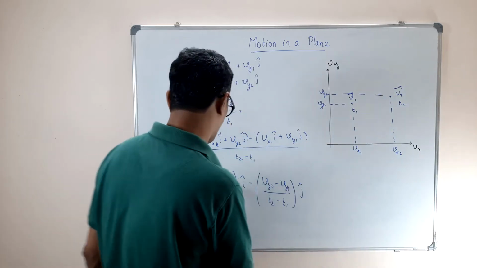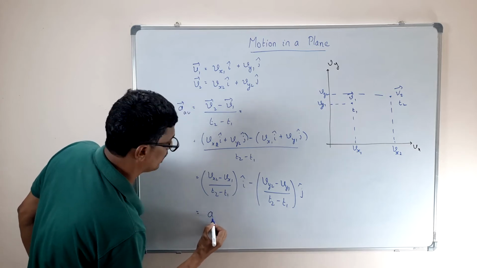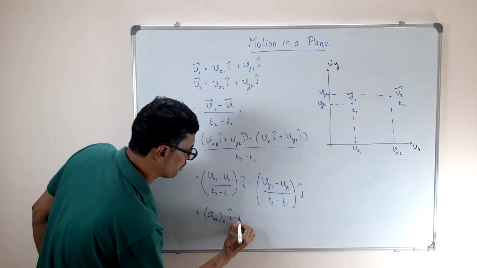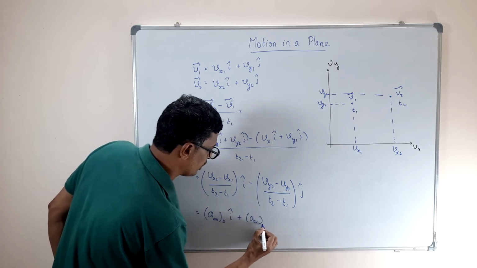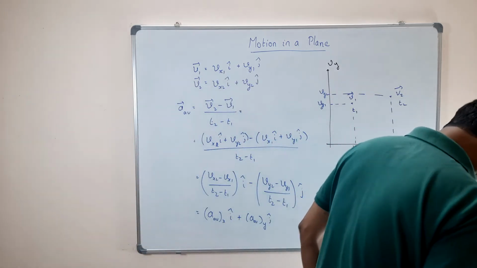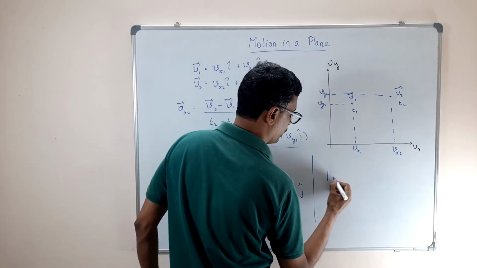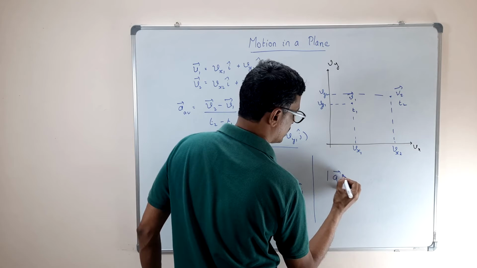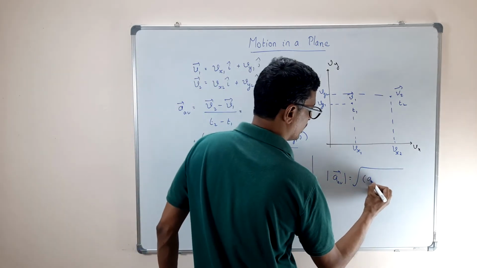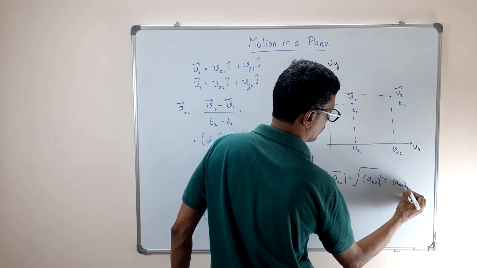Again the same way as we did, this can be written as a average x component i cap plus a average y component along j cap, and that's what they have written. Therefore the magnitude of the a average vector will be the square root of this square plus this square, a average x component square plus a average y component square.